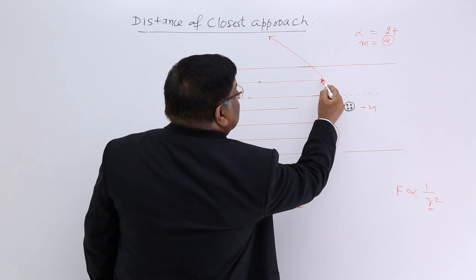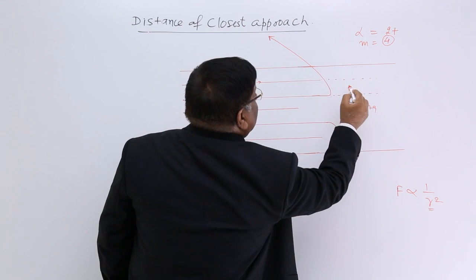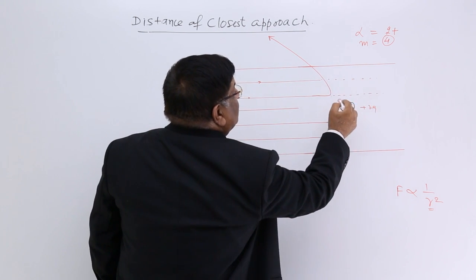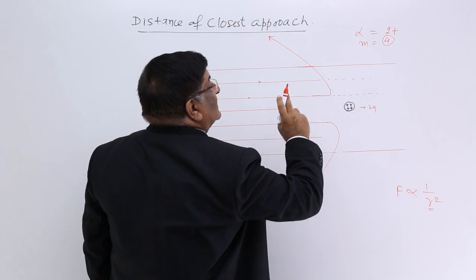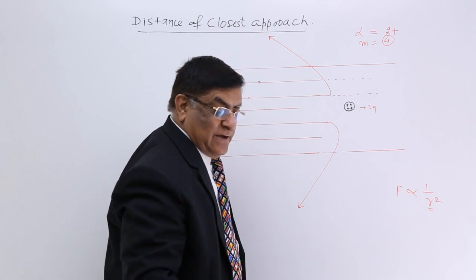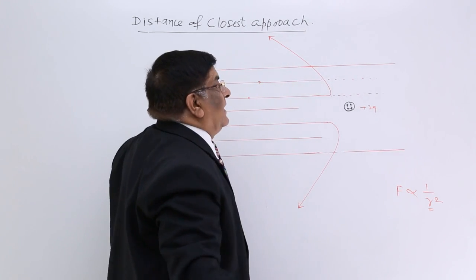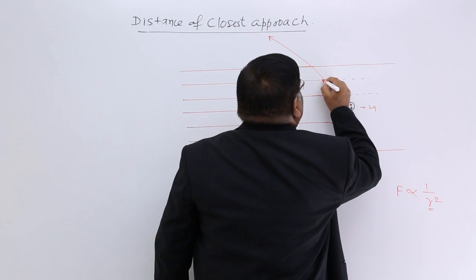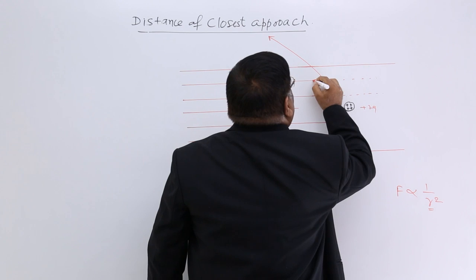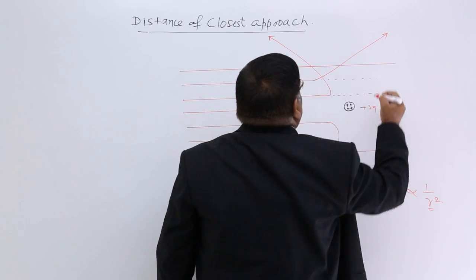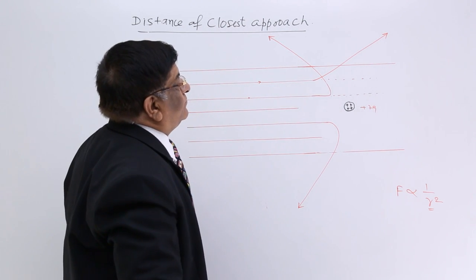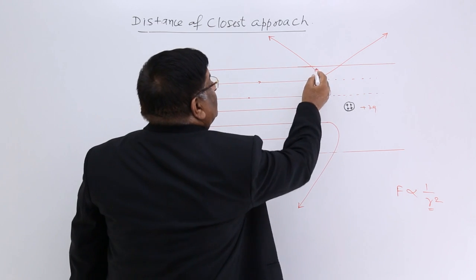Now this second one, see this one. This distance is a large distance, so the force is slightly less. And if the force is less, then the deflection will also be less, and this goes like this. What will happen to this?